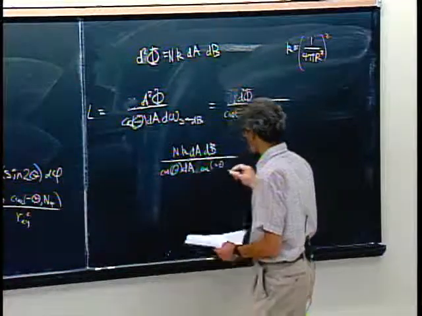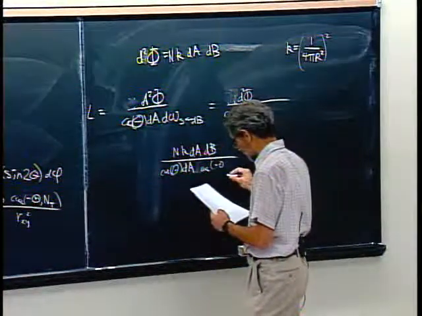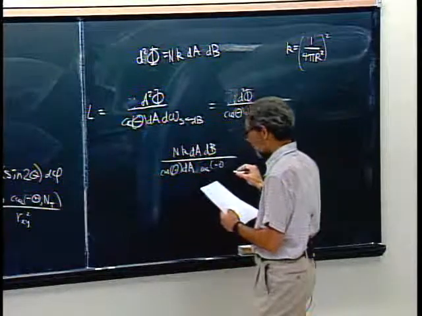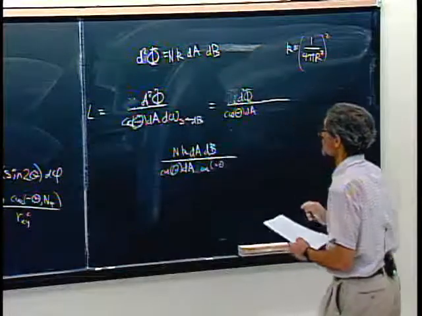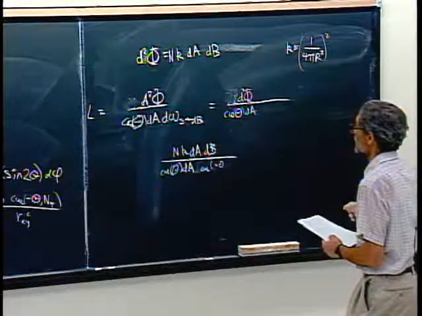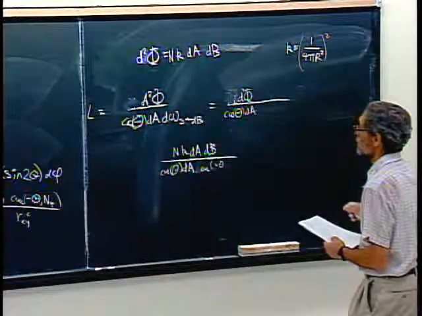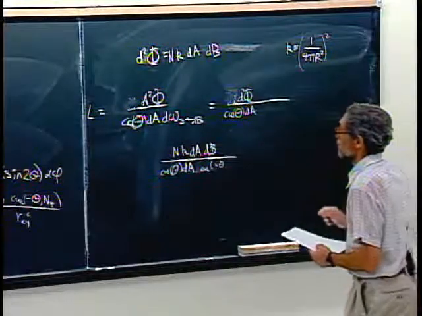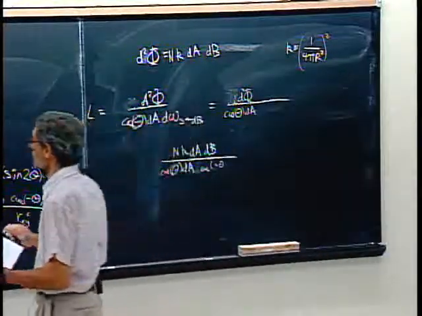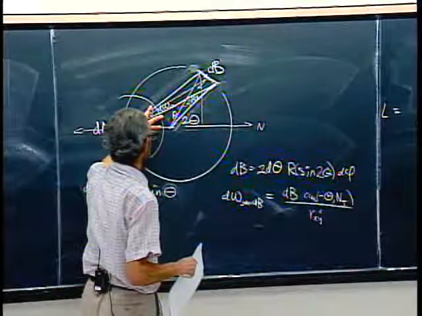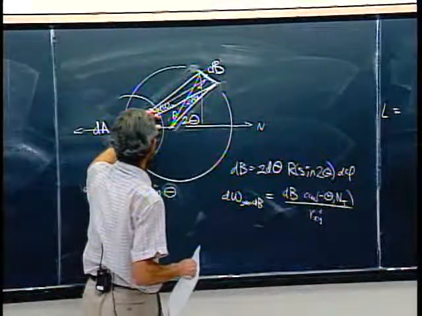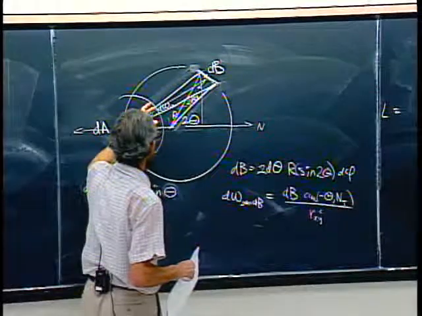I think I'm messing myself up. I thought I had understood it all. What am I trying to find? I'm trying to find out what's the amount. I'm trying to show that the amount per solid angle is a constant.